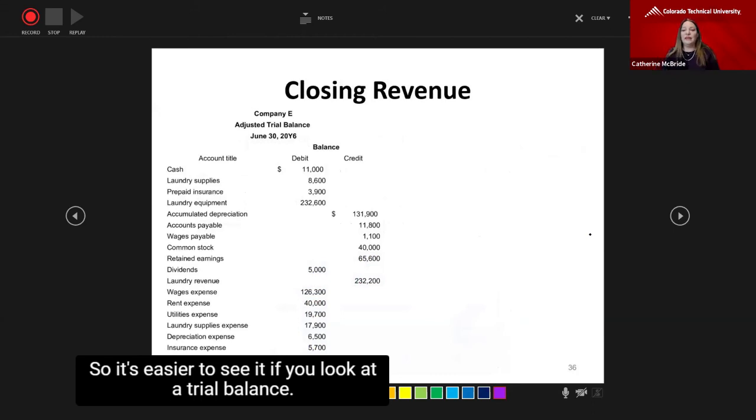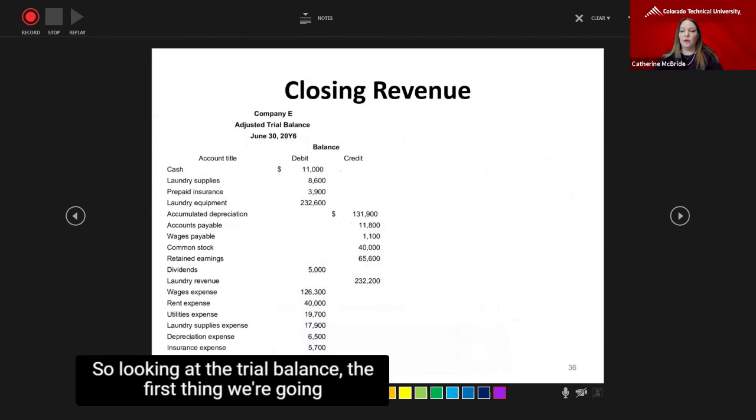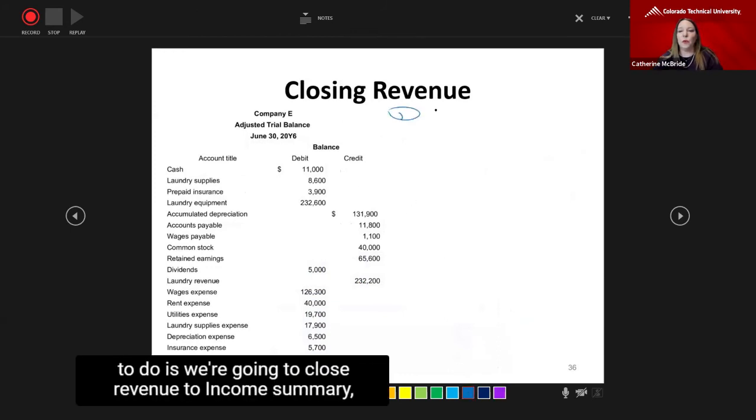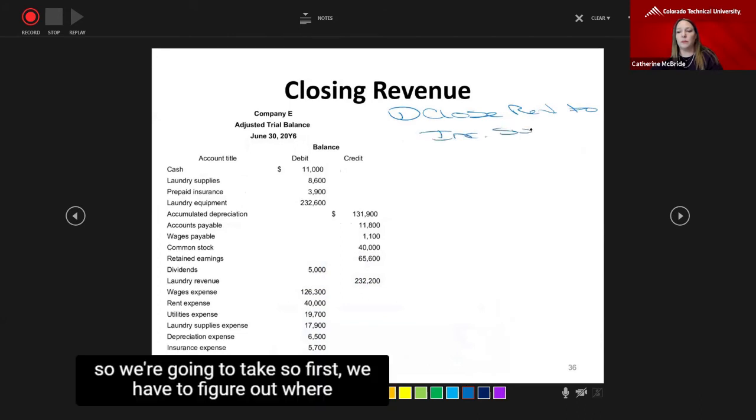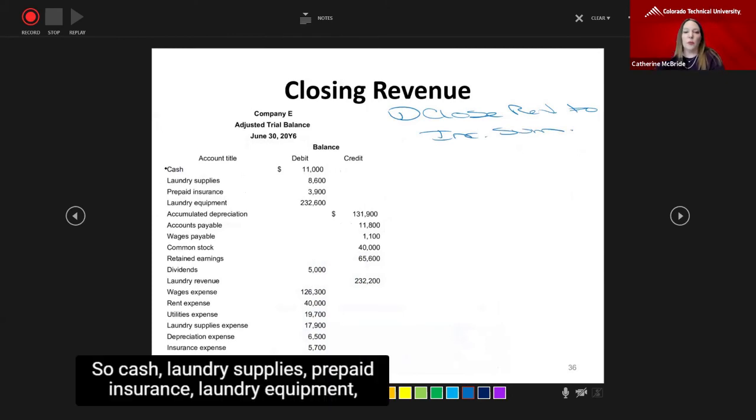It's easiest to see if you look at a trial balance. Looking at a trial balance, the first thing we're going to do is close revenue to income summary. First we have to figure out where to start.